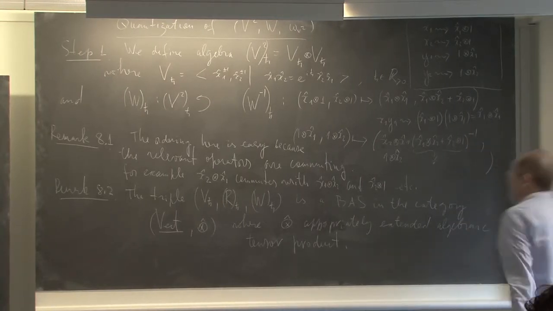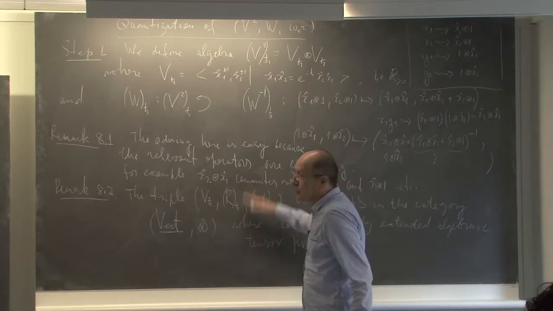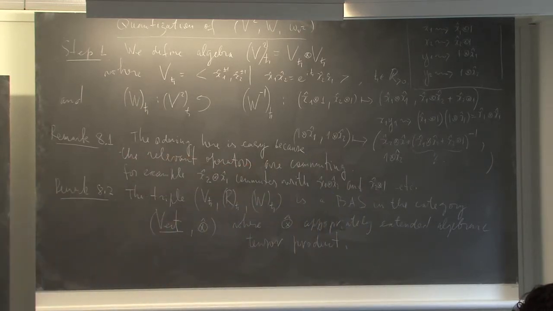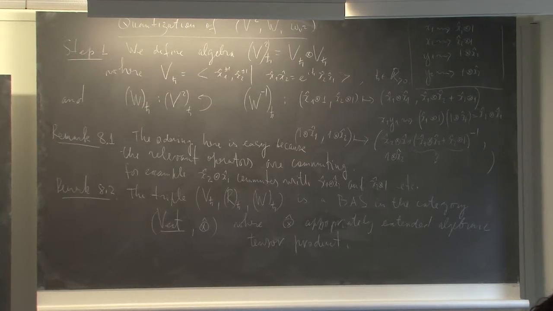But this is not very important. Anyway, just to keep in mind what we're doing on the large scale, seen from the height of an airplane, right? If we look on the ground, we don't see much detail, but we can see a basic algebraic system in the category of vector spaces.